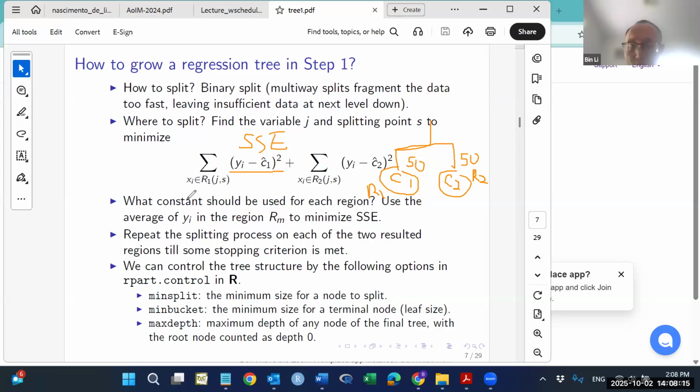This summation means, for all the samples that fall into region 1, using variable J, splitting at S, we want to minimize this, plus the same for all the samples that fall into region 2. This is the sum of squares. So we need to minimize the sum of squares from these two. What is the optimal value for C1 and C2? Do you know that?